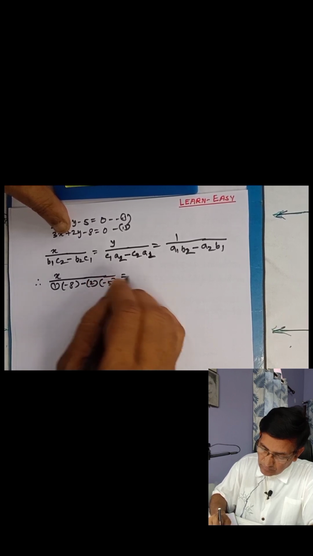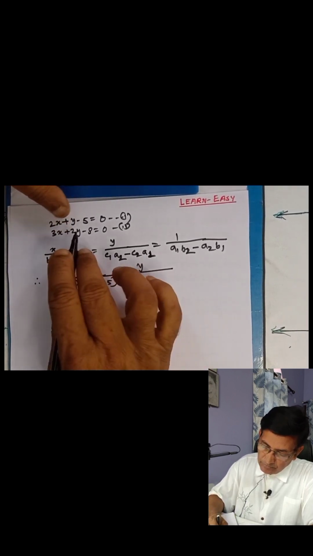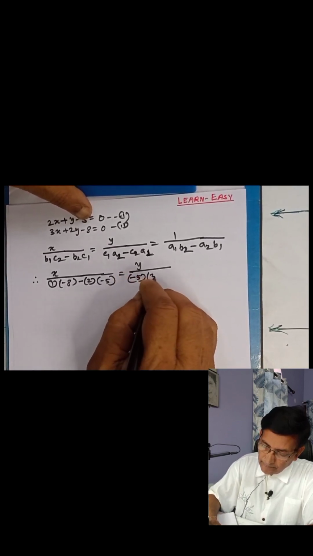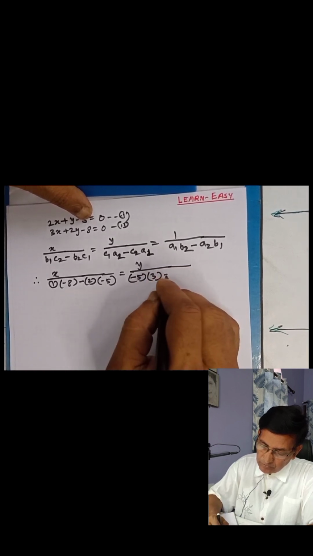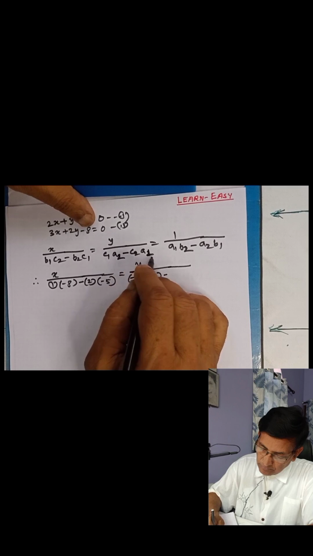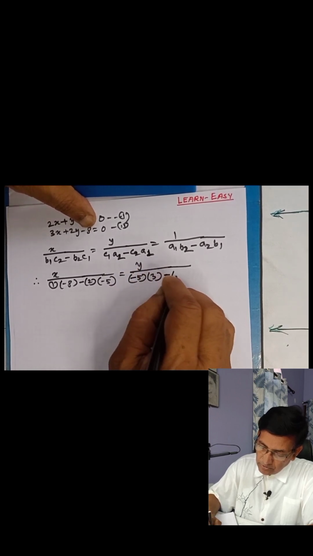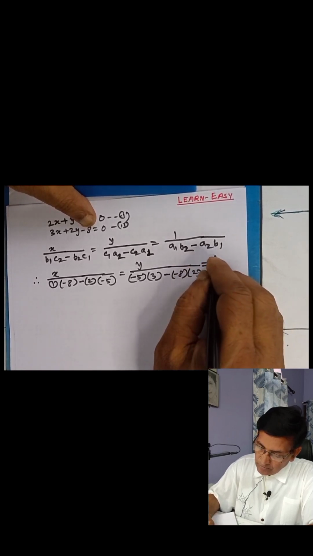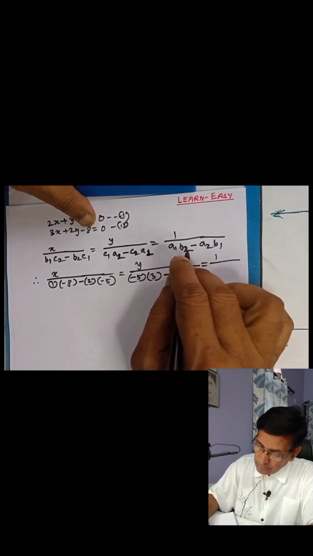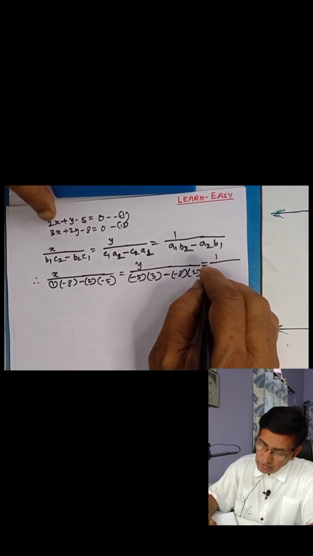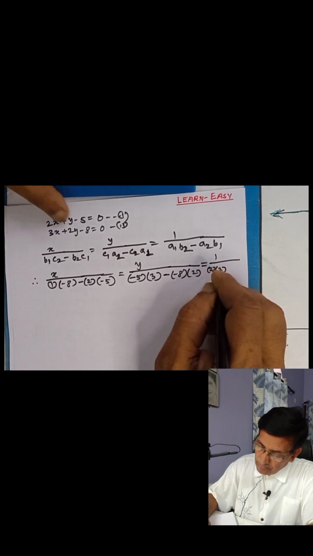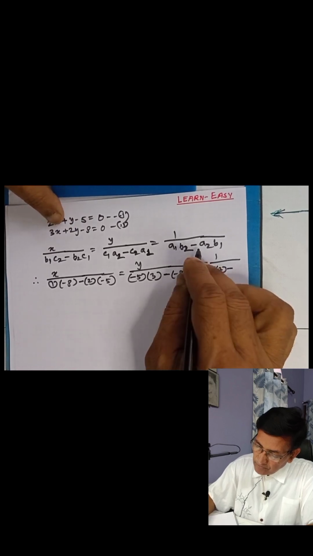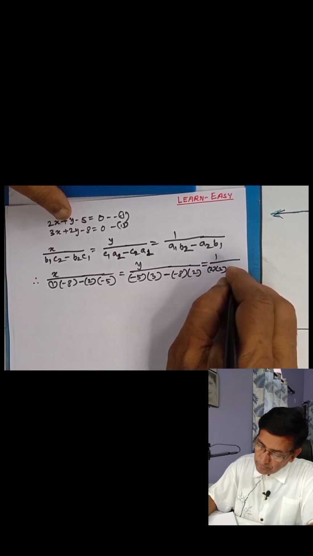minus 5, is equal to y by c1 a2, minus 5 into 3, minus c2 a1, minus 8 into 2, is equal to 1 by a1 b2, 2 into 2, minus a2 b1, 3 into 1.